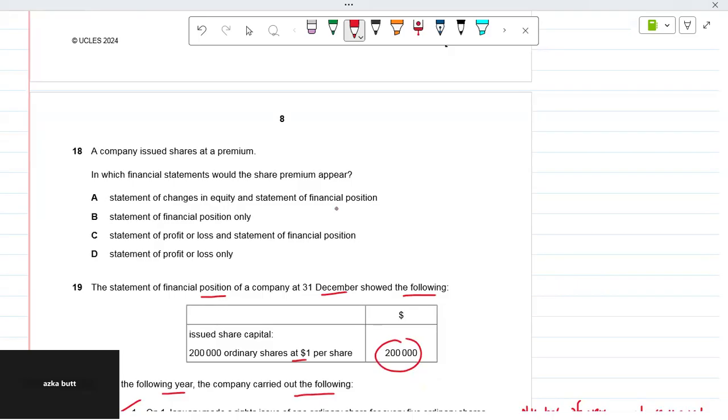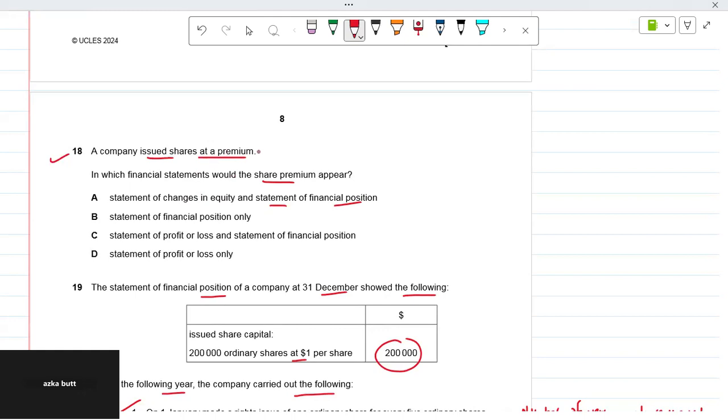Now let's see question number 18. A company issued shares at a premium. In which financial statement would the share premium appear? The first one is statement of changes in equity and the statement of financial position. So what is share premium?